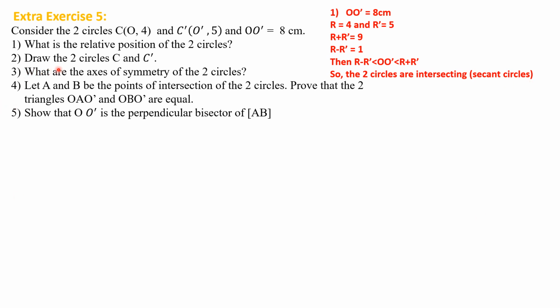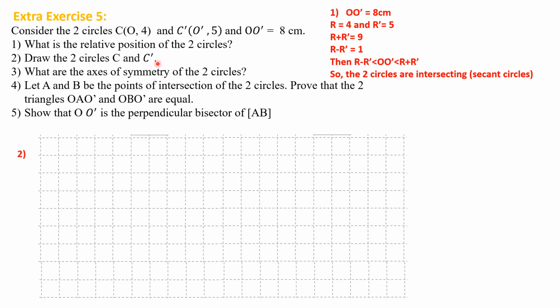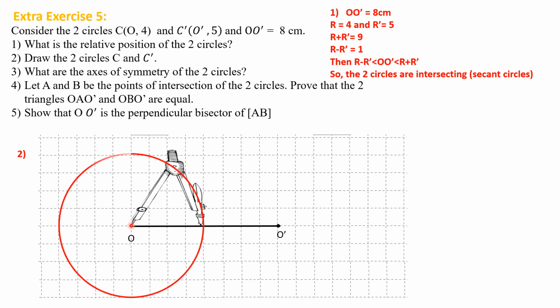Question 2, draw the two circles C and C prime. On your copybook, first of all, we draw the line of centers OO prime, which is equal to 8 centimeters. Then you use your compass and put it at O and draw circle C of center O and radius 4 centimeters.